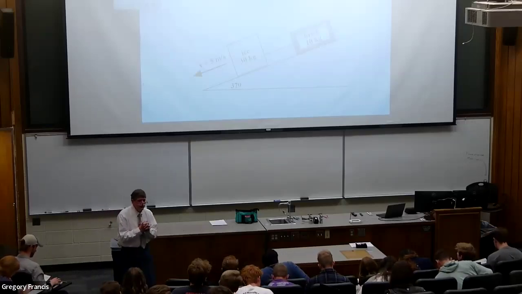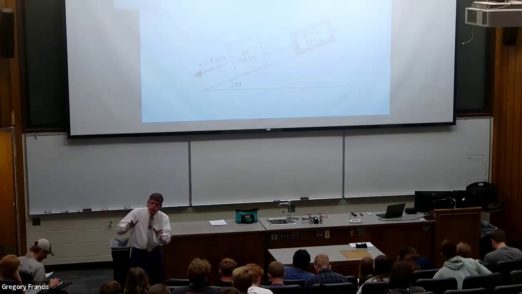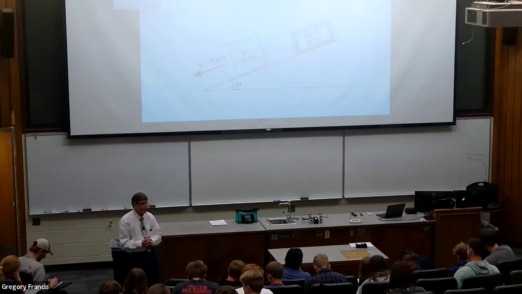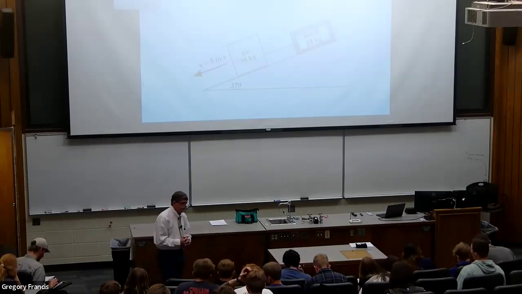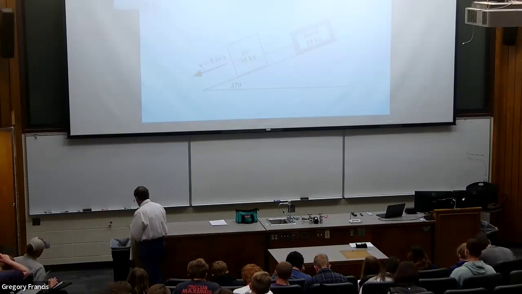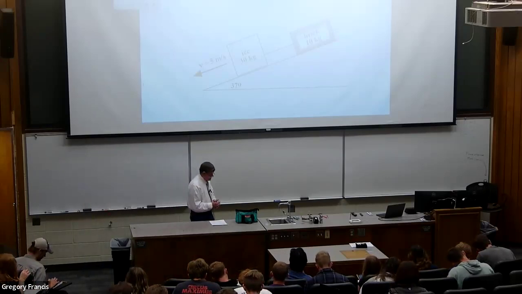But it's a rough brick, just rough enough to keep that whole system moving down the incline at a constant velocity of 5 meters per second down the ramp. And so the first question we're asked here is to find the tension in that string.